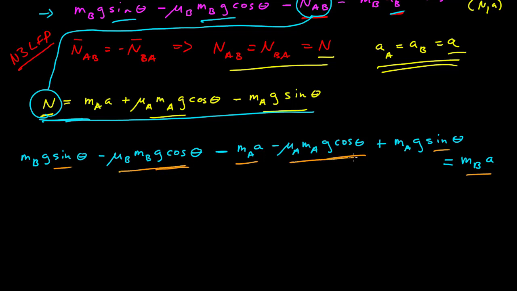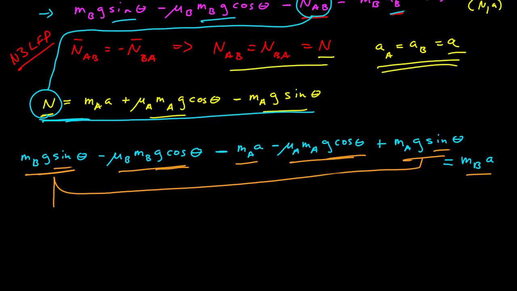Okay, so if I look at these two terms first and combine these two, should I come up with a new color? I combine those terms, I factor out a g sine theta, and I have m sub b, mass of b, plus mass of a, g sine theta.